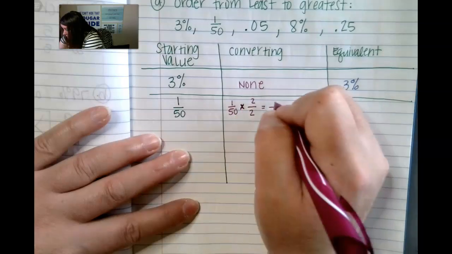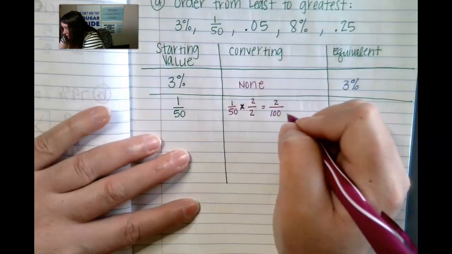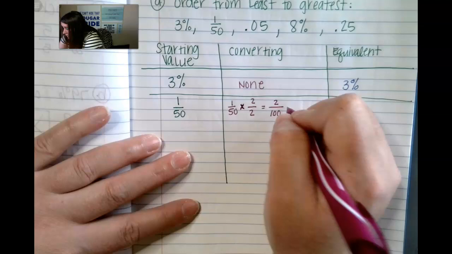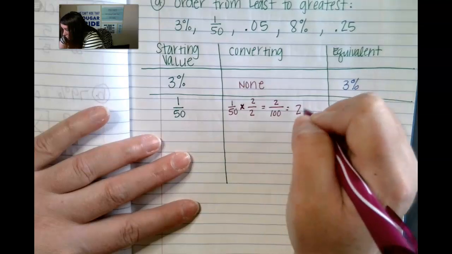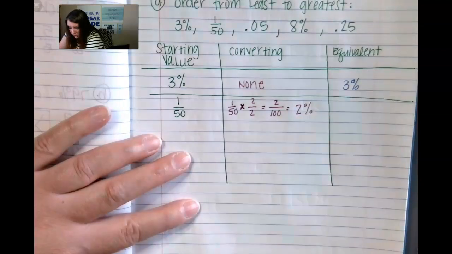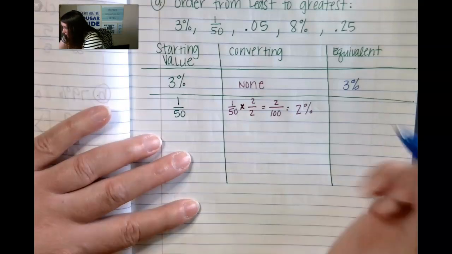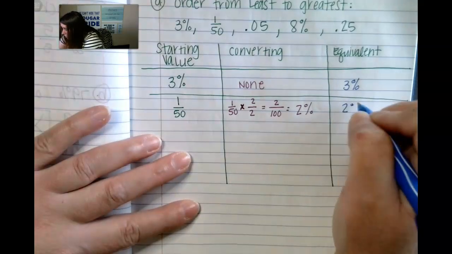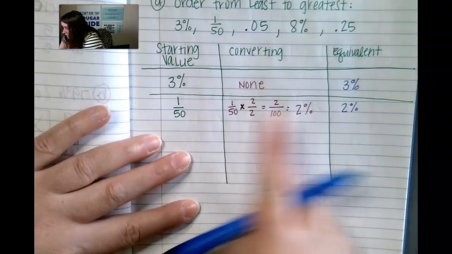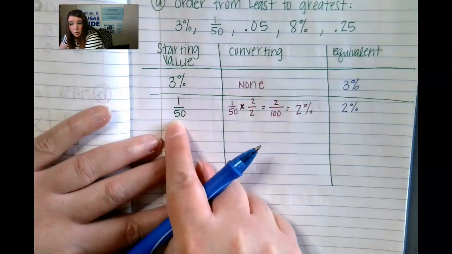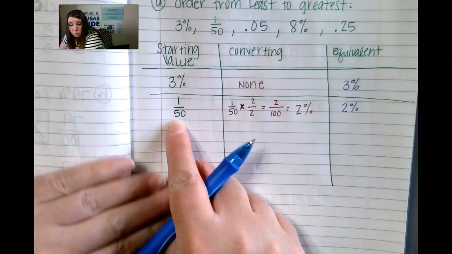And 2 times 1 gives me 2. So the percentage here is 2%. So out here, my equivalent percentage is 2%. 2% is equivalent to 1/50.